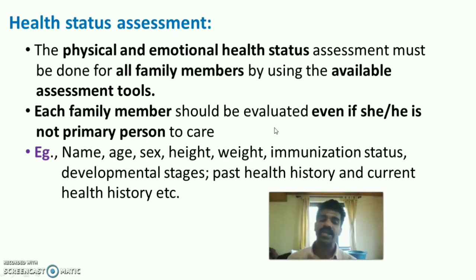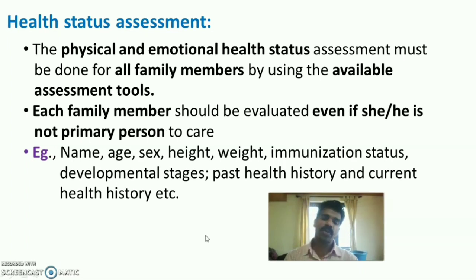Our concept is integrated health services, that is promotion, prevention, protection, restoration and maintenance. Thus, each family member should be evaluated because we follow the integrated health services, that is promotion of health, prevention of illness, maintenance of health, restoration and rehabilitation.